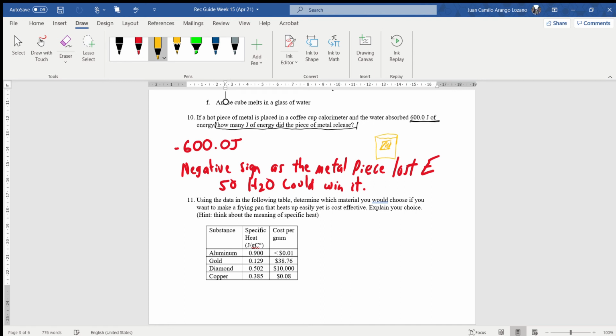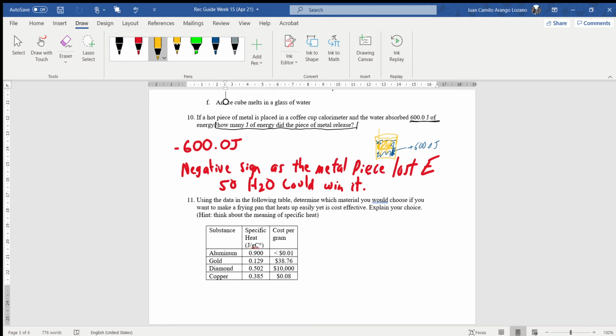I'm probing here the temperature, so this is my thermometer, and they are telling me that the water in this case surrounding that piece of metal is absorbing 600 joules. That can only mean that in this case, the metal itself is releasing that energy to the environment, which in this case is that water.